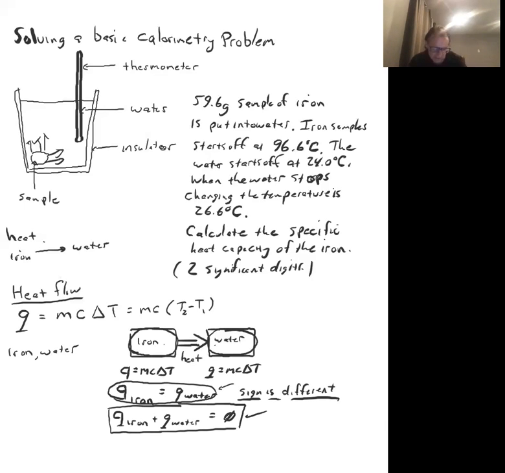So then what you do is you say, wait a minute, M is the mass, C is the specific heat, and delta T is the change in temperature. So what I'm going to do, let me save this one, is I'm going to write out mc delta T for both. I'm going to do it for the iron, and I'm going to do it for the water.